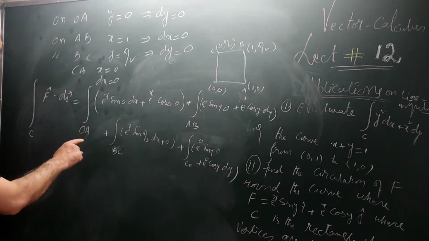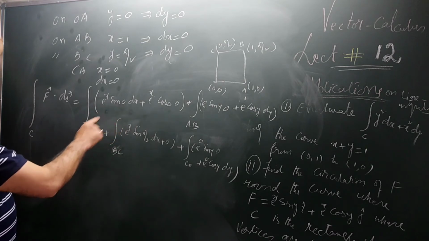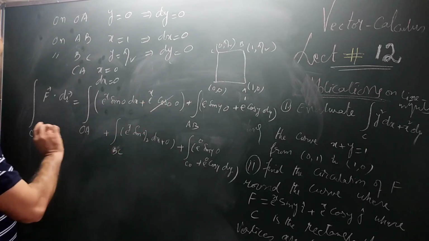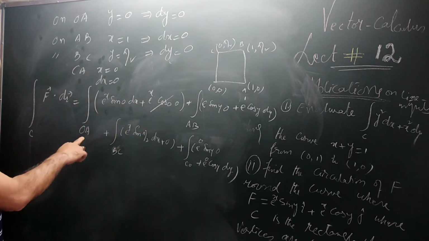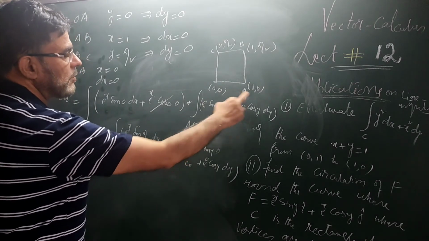Now you have to take OA. Along OA, this term does not survive. We have dx. We have to see along OA what is x. X varies from 0 to 1 along OA.